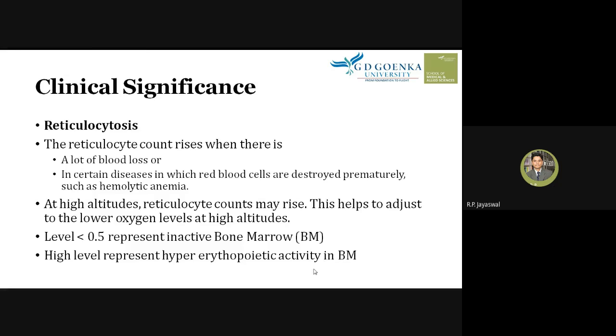In such a condition, a high level of reticulocyte count may be seen, and this hypererythropoietic activity can occur when there is excess blood loss or premature destruction of red blood cells. So usually in these two conditions there is hypererythropoietic activity.